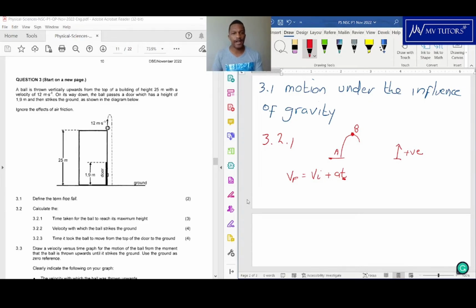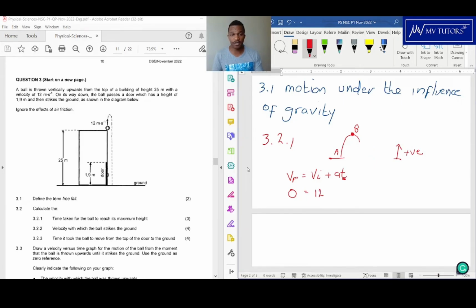So now, our final velocity when the ball reaches point B is 0 there, because it goes up and reaches the maximum point. Our V initial we've been given is 12. Now let me ask you, is it positive or negative?